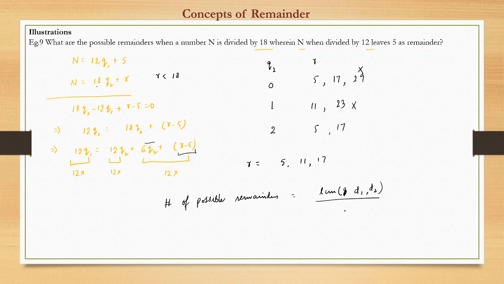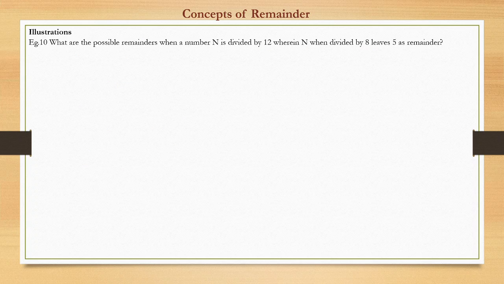Here suppose d2 is lower, so it becomes LCM of 12 comma 18 by 12. So this is nothing but 36 by 12, which is 3. What I have got here is 3. So same concept that we learned in the previous example. Now we'll see another example.